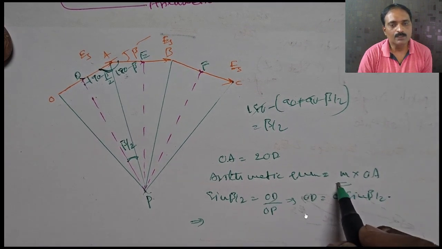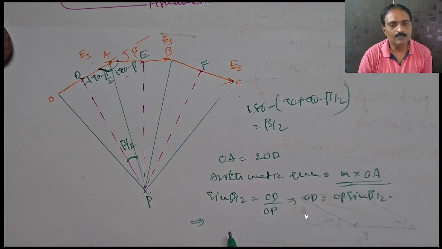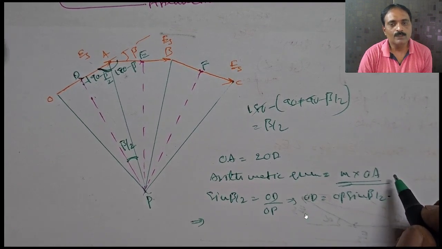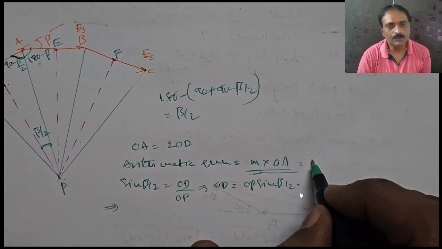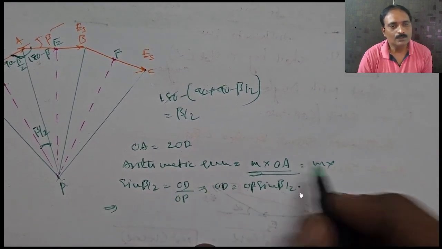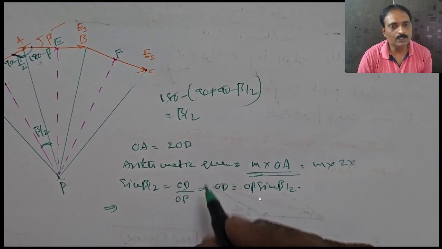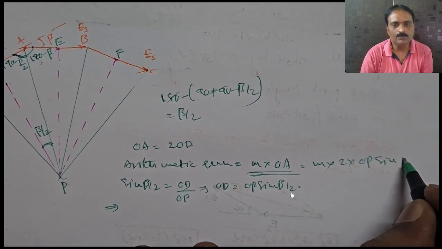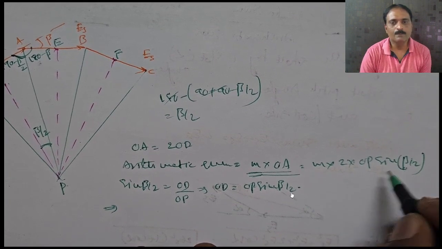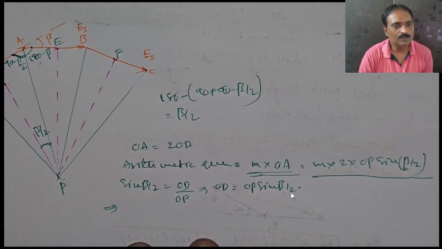So substituting all these values, we are going to have the arithmetic sum as equal to m into OA, which is 2 OD. 2 into OD is nothing but 2 OP sine of beta by 2. Right? So that's about the arithmetic sum that we have derived here.